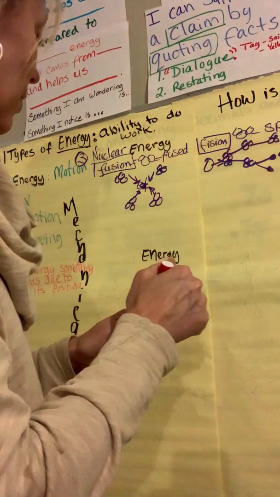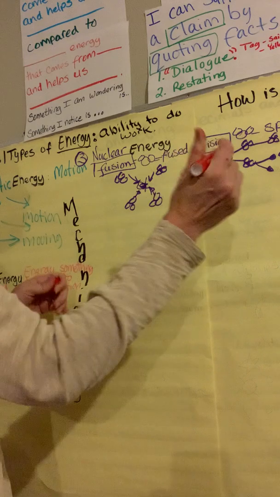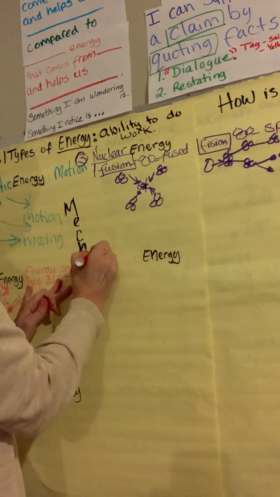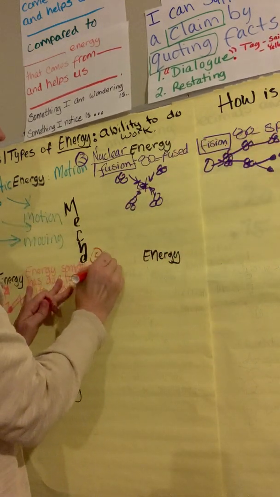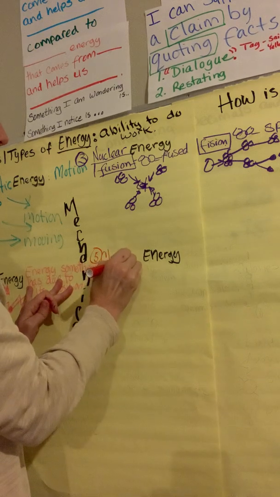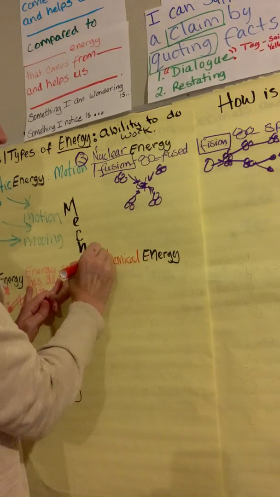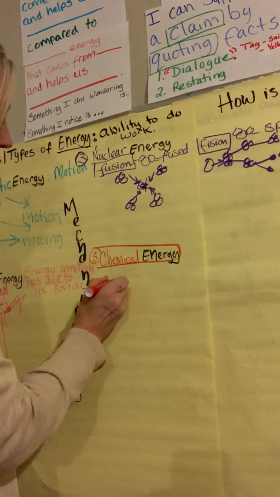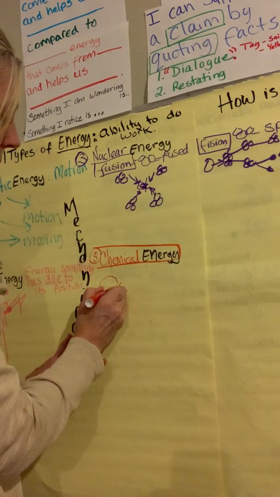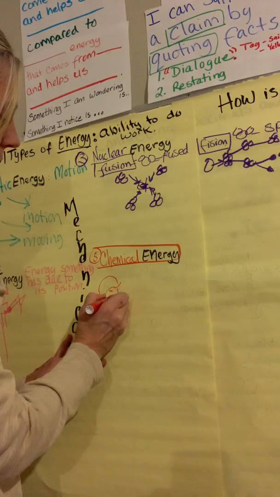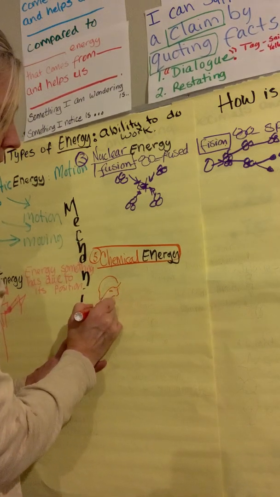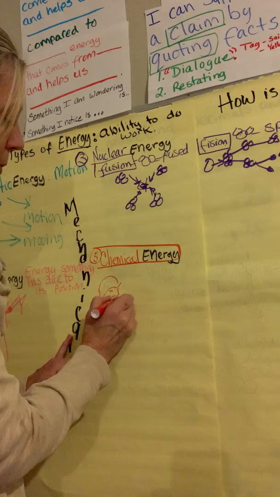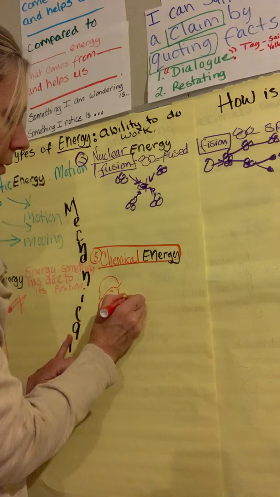Okay, attention back here. Thank you guys so much. Let's move on. Our fifth area is called chemical energy. And one of my favorite examples of chemical energy, probably because it may be a little surprising to all of you, comes from eating.